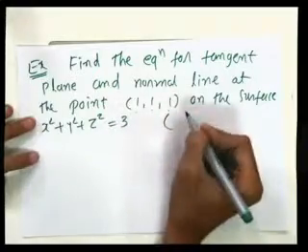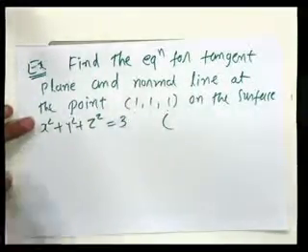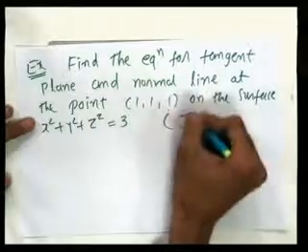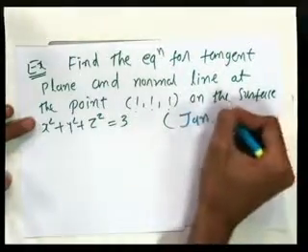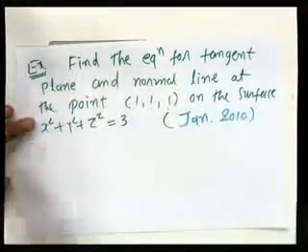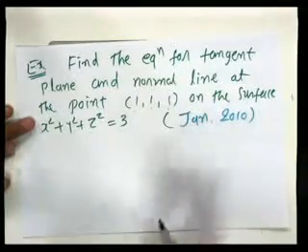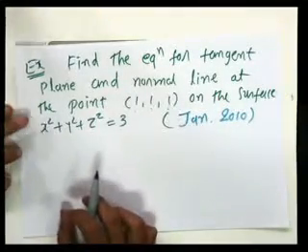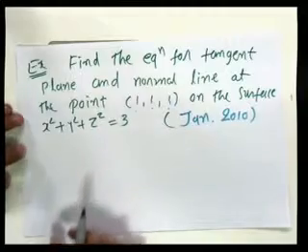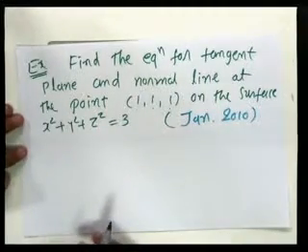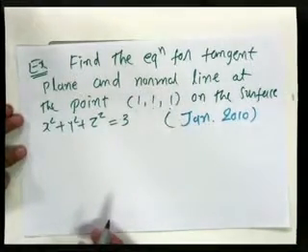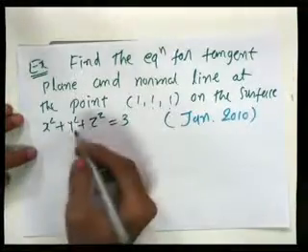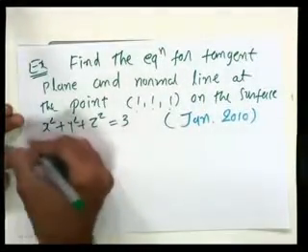This example was asked in January 2010. So this is a most important example, and this method is most important from the exam point of view. Here is the solution.